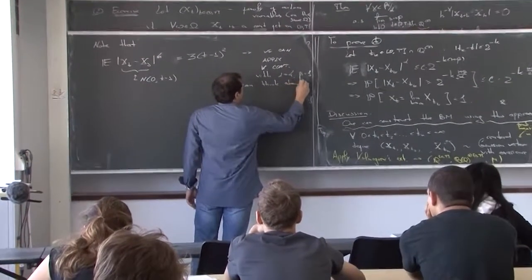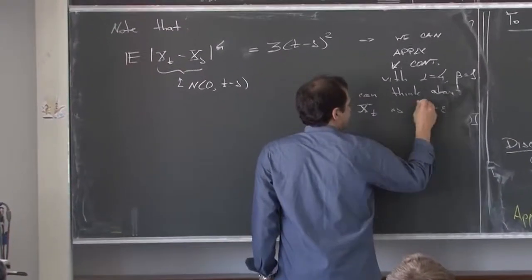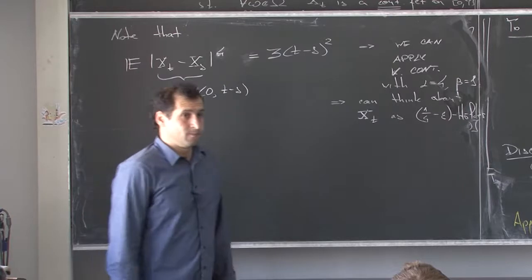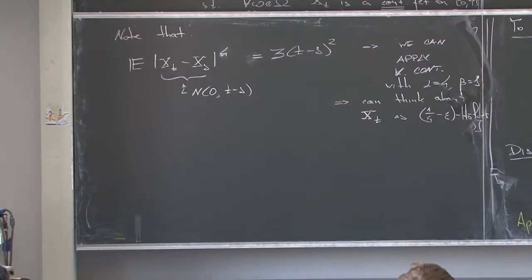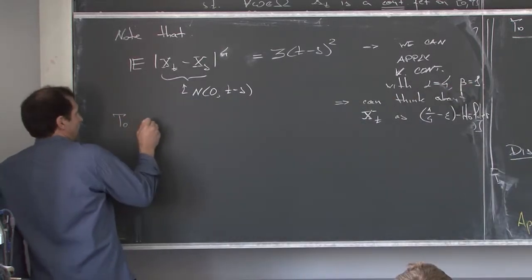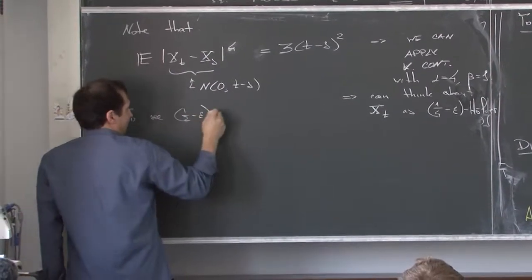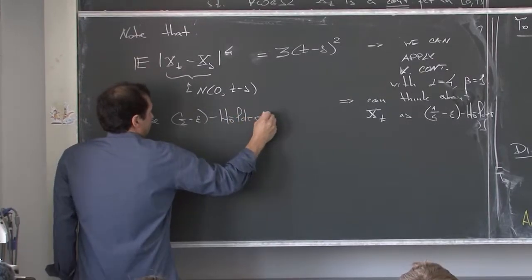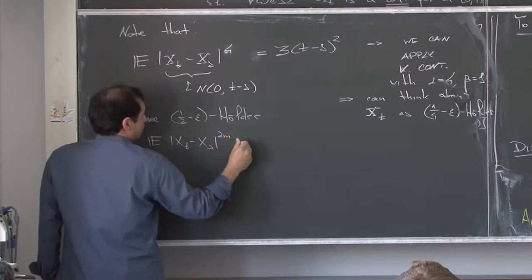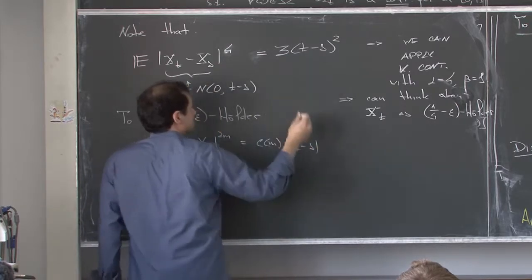Think about X_t as Hölder continuous with exponent 1 minus epsilon. It's clear? And of course, if you would like to see 1/2, then what you need to do is just increase the power here. So just write that this is some constant M, times |t minus s| to the power.